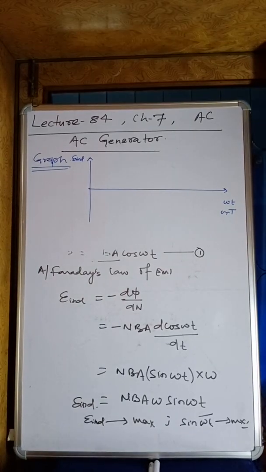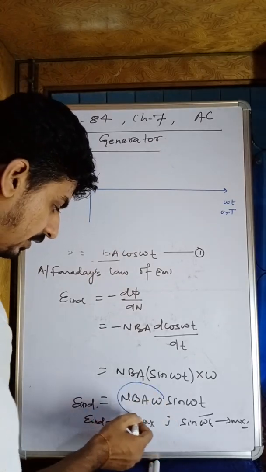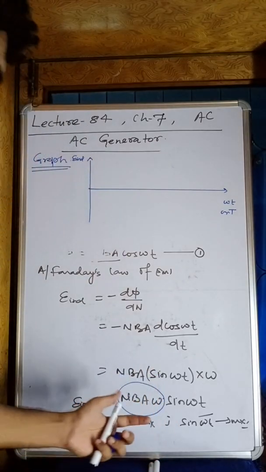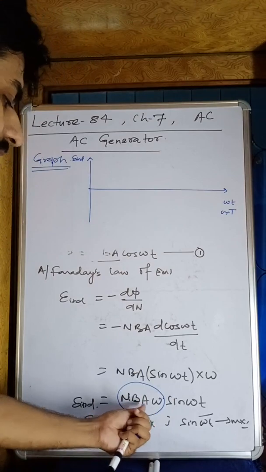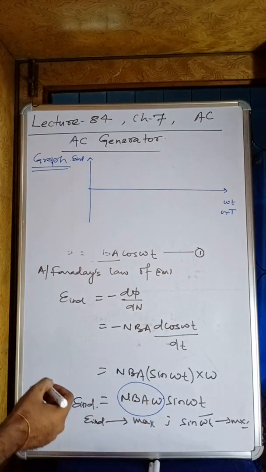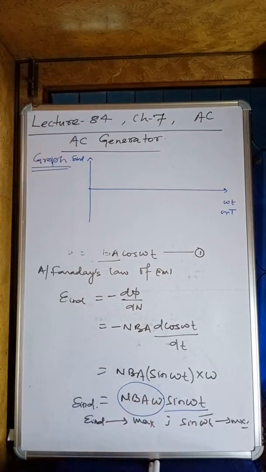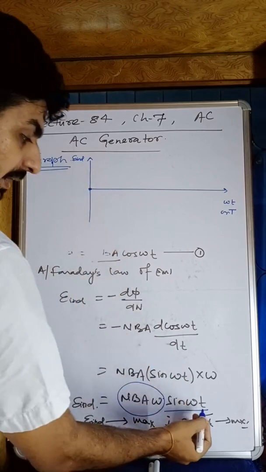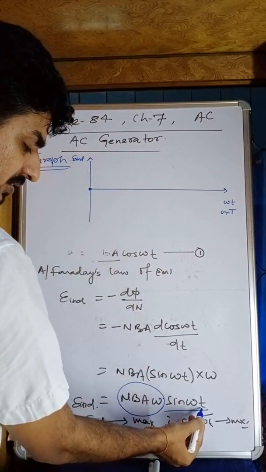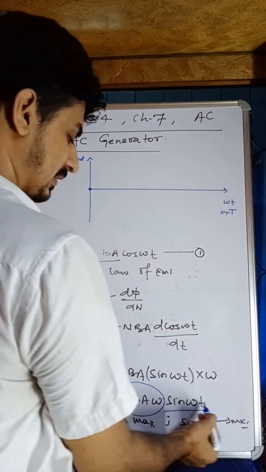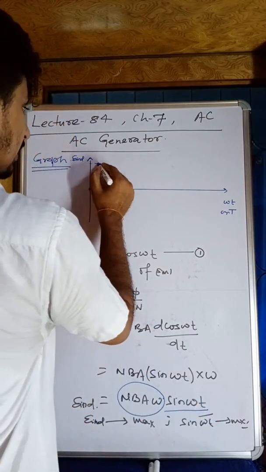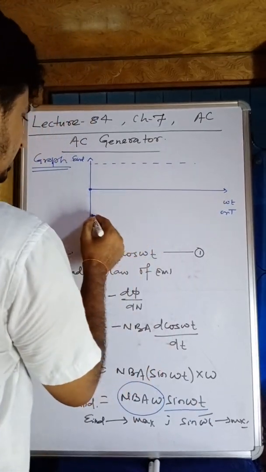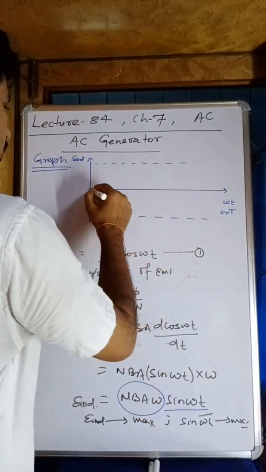You can see here the E induced is changing because all these values are constant, and this constant value is the maximum value, NBA omega, but it is changing with the sine. That's why this is called a sinusoidal function, and it starts at t equals 0. If we put the value of t as 0, you will get sine 0, which is 0. But it starts giving a graph this way.